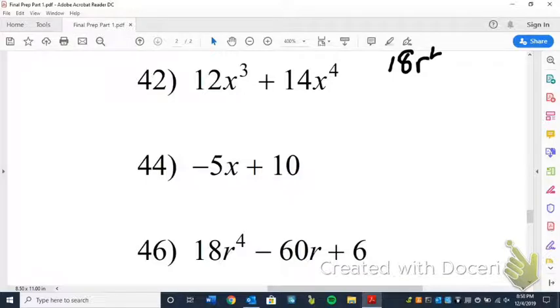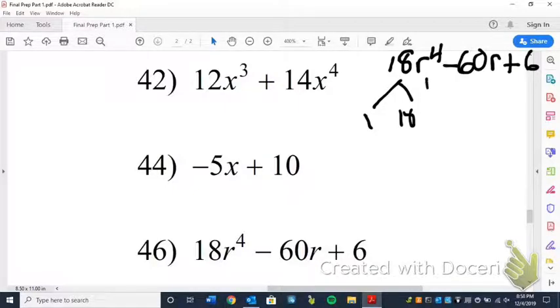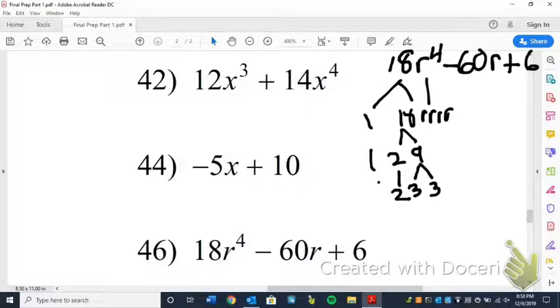18r to the 4th minus 60r plus 6. So 18r to the 4th. So the r's, we have those 4 r's right there. 18 is 2 times 9. 9 is 3 times 3. So we have 1 times 2 times 3 times 3.